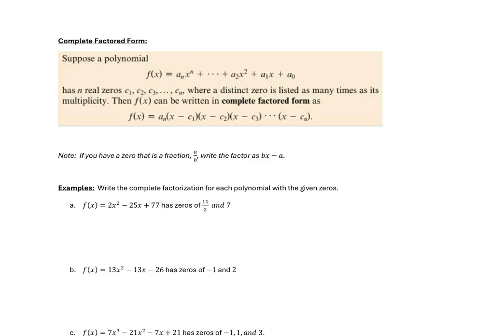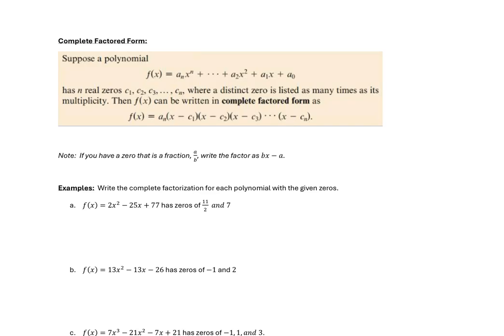Basically what it means is that instead of writing a factor raised to the third power, we write it out 3 times. This means that f of x can be written in completely factored form. We are going to have a leading coefficient on the outside, and then each one of our zeros written as factors.